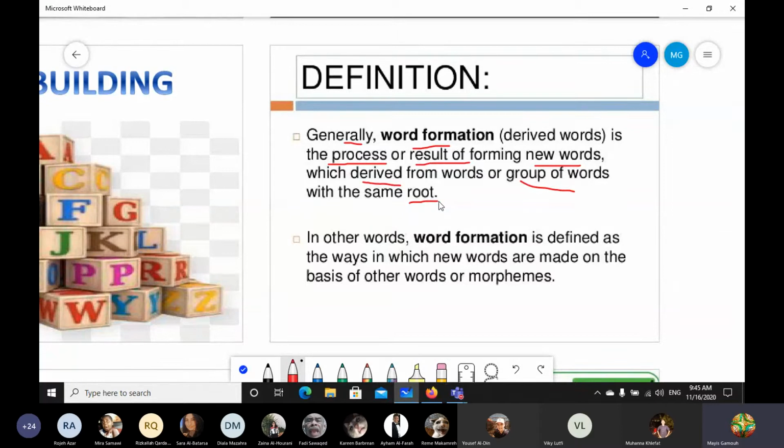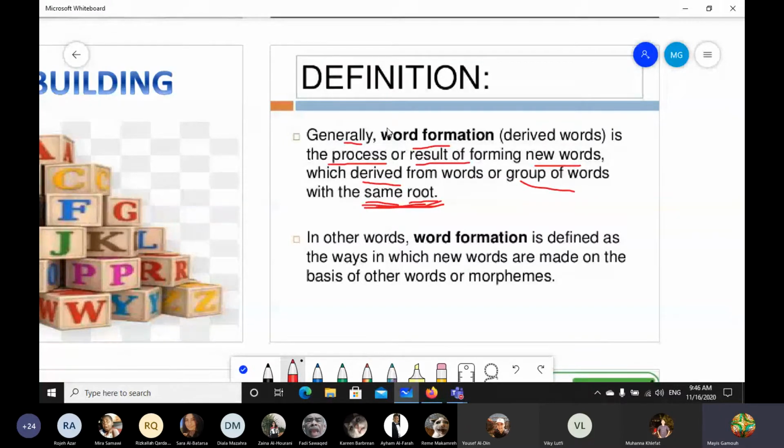So one more time, if I want to make a new word, this is called the process or the result of forming new words which derive from words or a group of words that have the same root. I will give you an example in order to explain, but now let's continue the definition.